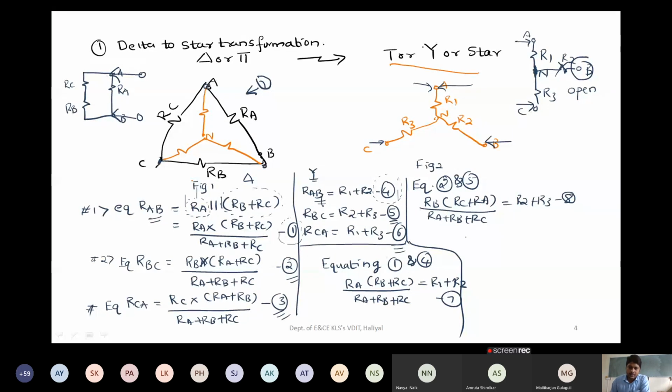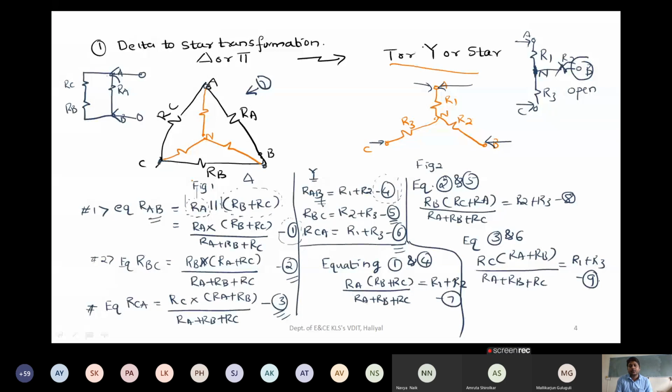Then the last one is equating equations 3 and 6. So what we get is RC multiplied by (RA plus RB) whole divided by (RA plus RB plus RC) equal to R1 plus R3. So I will call this equation number 9.